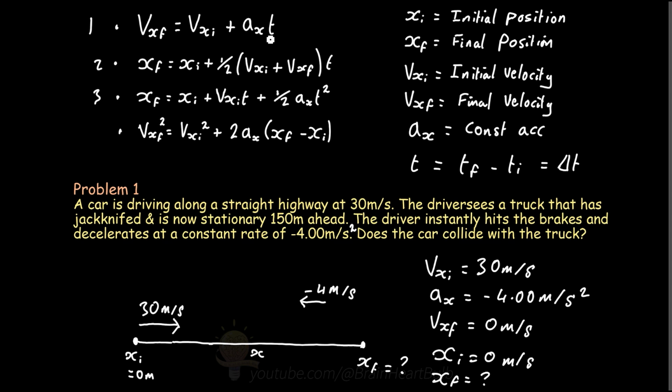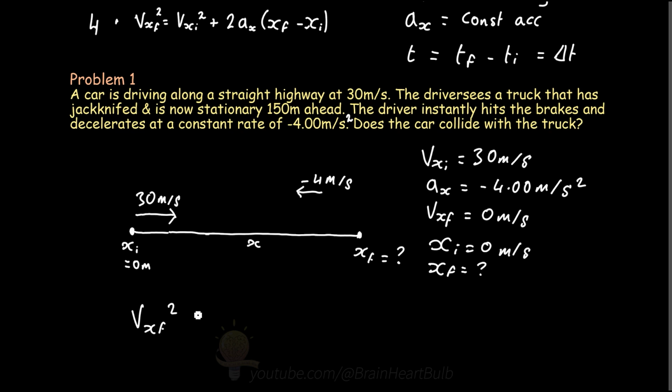And then, once we find the time, we could insert the time into this equation. And our time here would be the amount of time it takes for the car to come to a complete stop. But if we have a look at equation 4, all our variables here can fit neatly into the right-hand side here. So let's transpose equation 4 to make the final position the subject. And that should give us our answer.